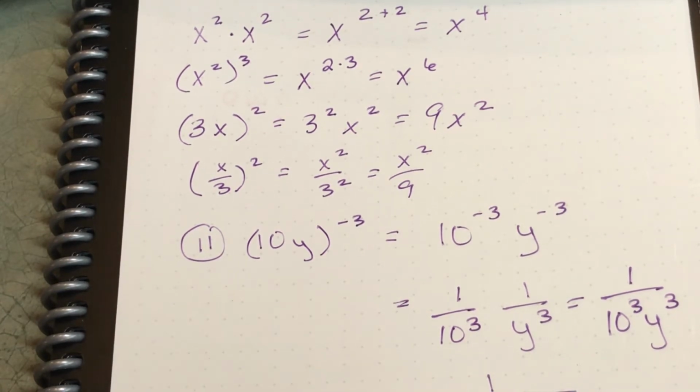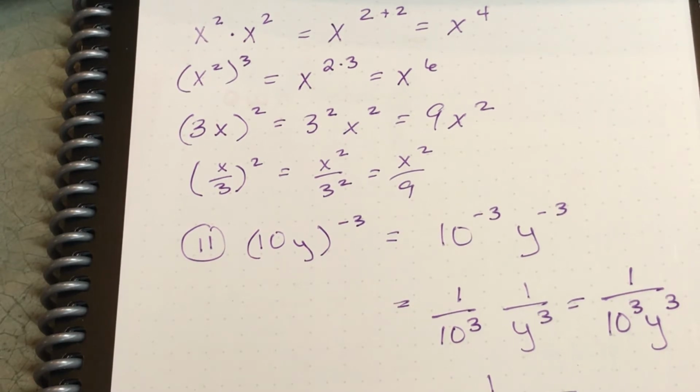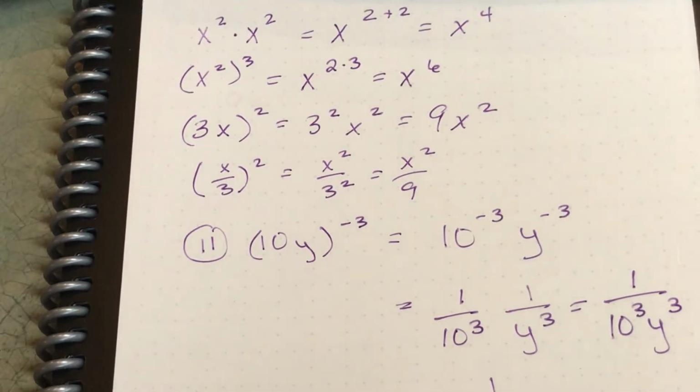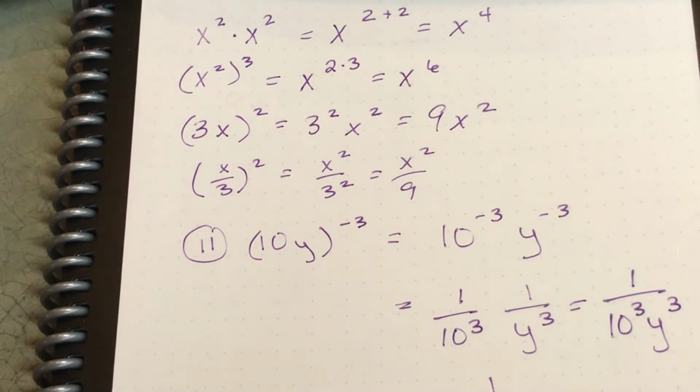Number 13, this is 1 over 2k squared to the 5th. So 1 to the 5th over 2 to the 5th times k squared to the 5th.